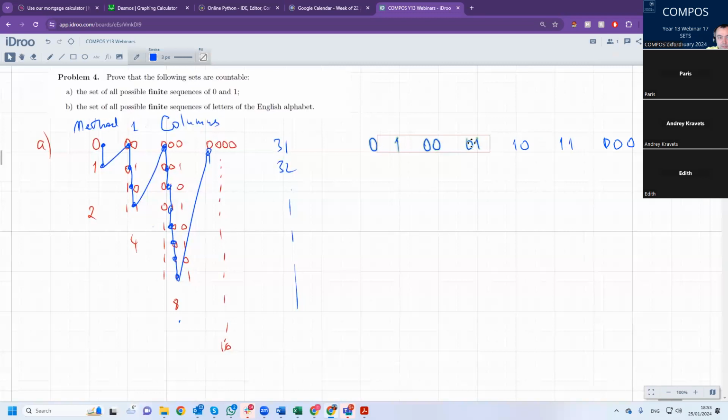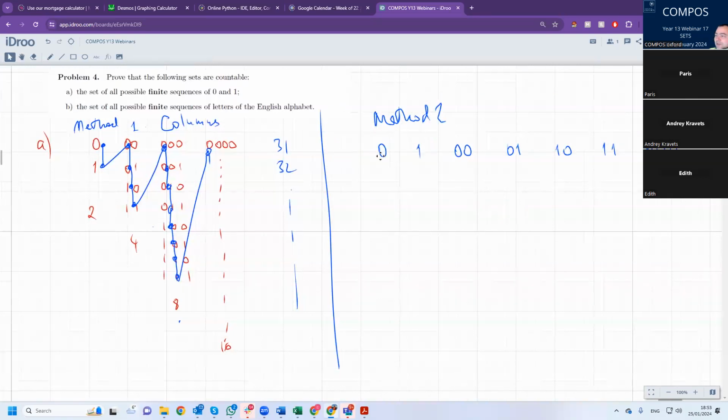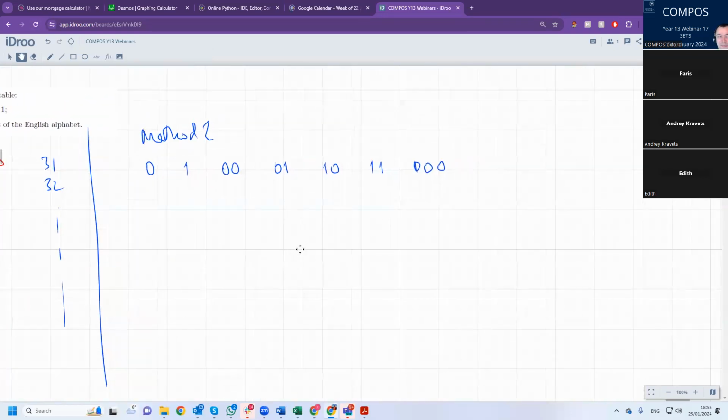It does remind you of binary digits. What makes it different from binary digits?